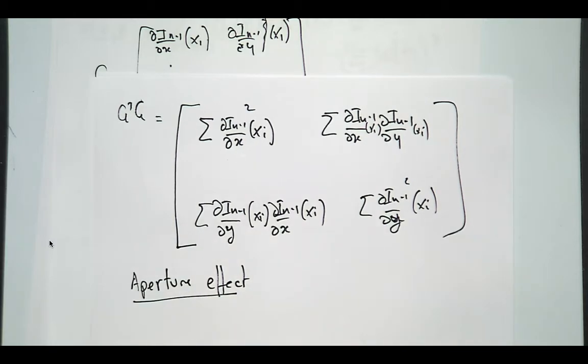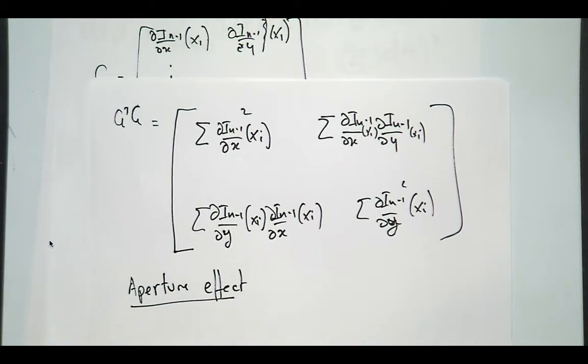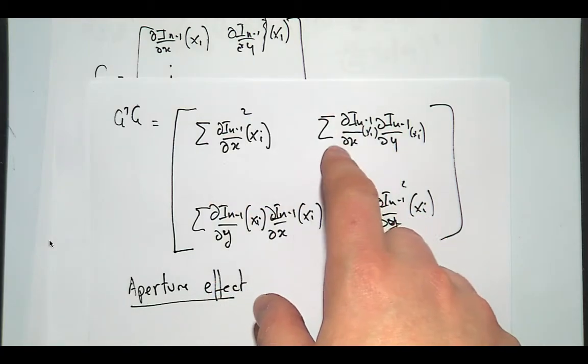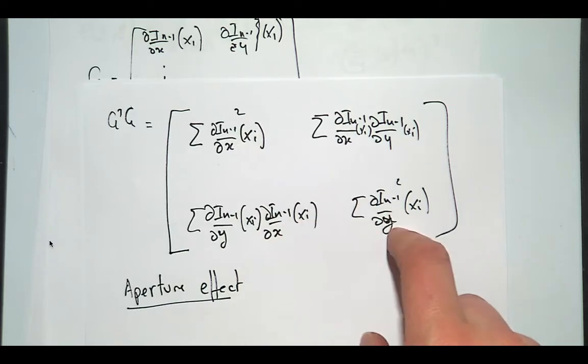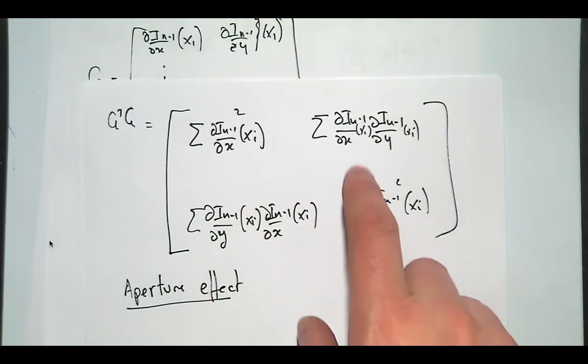The aperture problem is that if you have nothing to lock on to, you cannot find motion. There are too many possibilities. That is the case here, where both eigenvalues are 0.